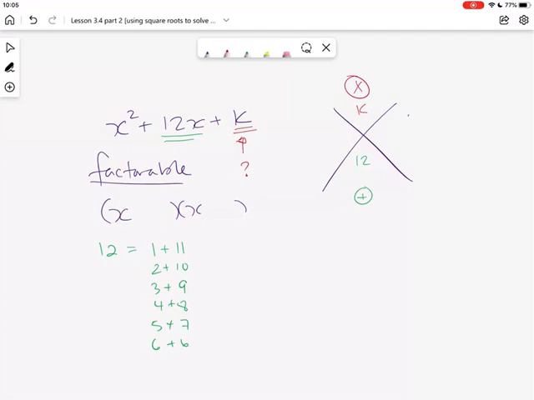And then if I take these same numbers and I multiply them together, I should get all the possibilities of k. So if I had 1 times 11, that would give me 11, or 2 times 10, 20, 3 times 9, 4 times 8, 5 times 7, and 6 times 6. So that would give me 27, 32, 35, 36. So there's the list of all the possible values that k could be right there.